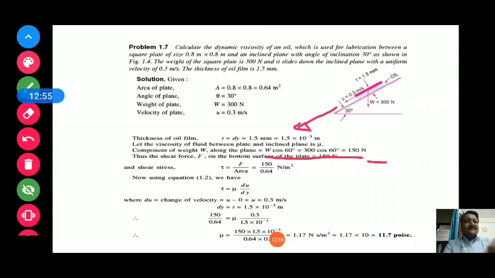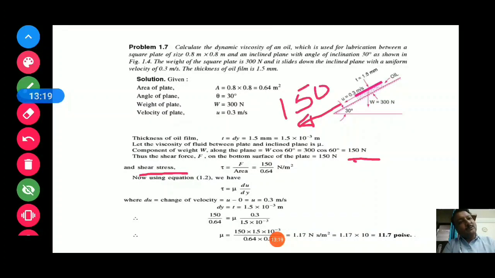Now the next step is to find the shear force or shear stress. The shear force is nothing but the weight component along the plane, 150 Newton. This 150 Newton is acting tangentially, that is your shear force. So by knowing the force and area, you can find the shear stress.